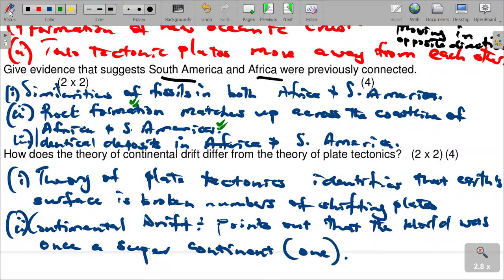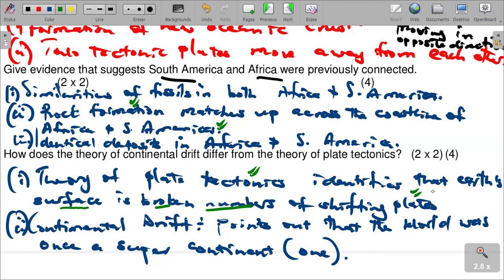Plate tectonics identifies that the Earth's surface is broken into a number of shifting plates. When we talk about plate tectonics, it identifies the Earth's surface being broken into a number of plates that are moving.